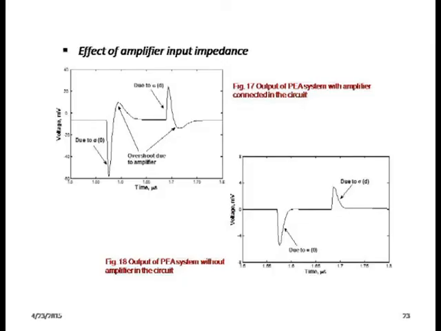Deconvolving means that in the frequency domain you divide by the transfer function to obtain the original signal. So this is how the original signal will be. This is actually reaching the transducer, and this is after the amplifier, which we found in our simulation also.